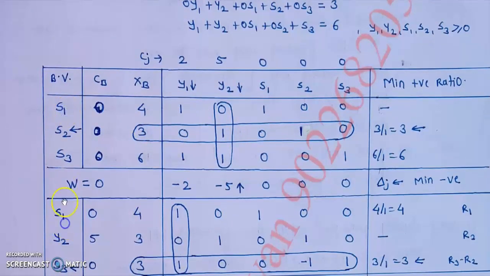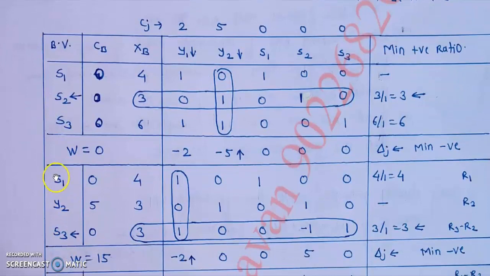We have s1 as it is, s2 is now replaced by y2, and s3 as it is. Similarly, s1's coefficient was 0 in the Cj row or objective function, y2's coefficient is 5, and s3's coefficient is 0. Now how to fill this table? There is a rule.